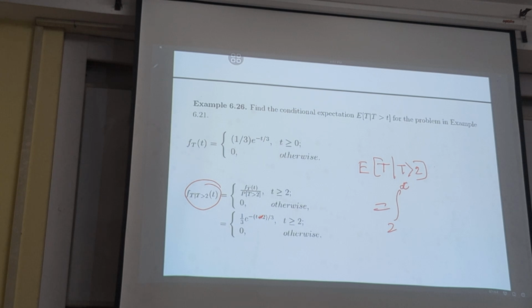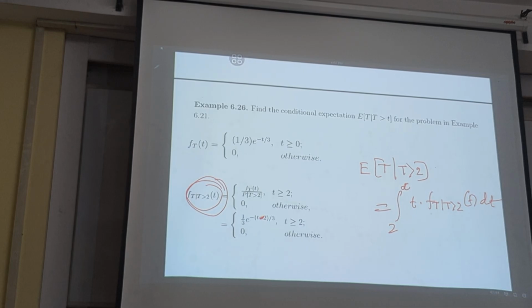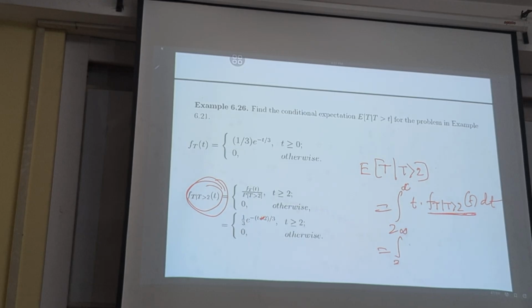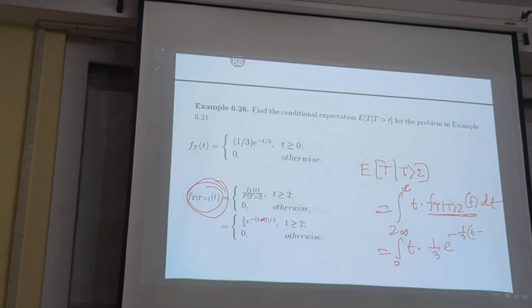From 2 to infinity, we will have t times the conditional PDF of t. Right? Just the distribution will be replaced by the conditional distribution. Now it will be, from 2 to infinity, t times 1/3 e to the power minus 1/3 times (t minus 2). Right?